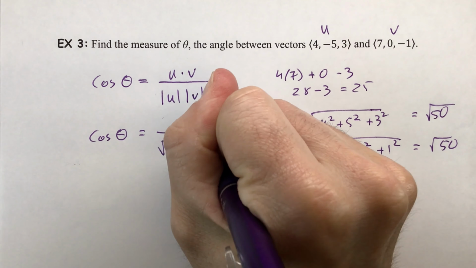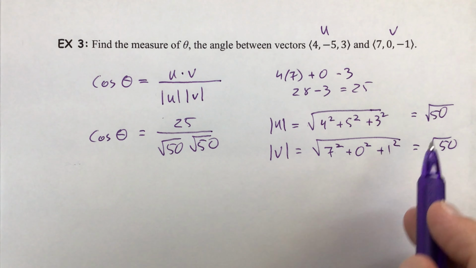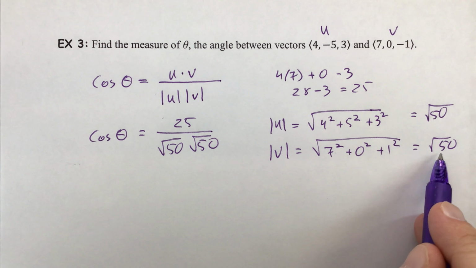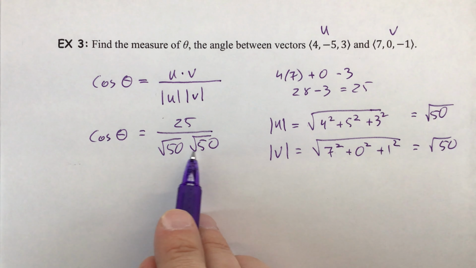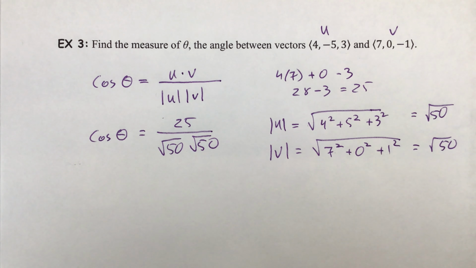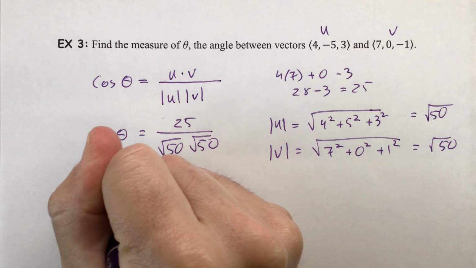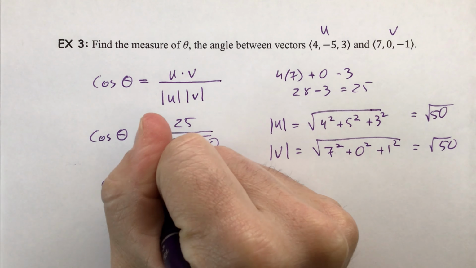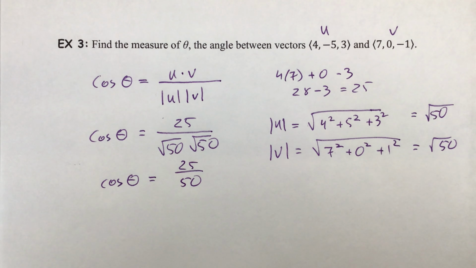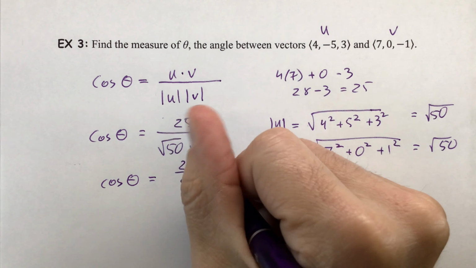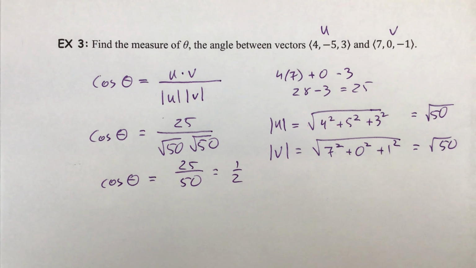You won't always see this, but it works out nice because if the magnitudes are the same and they're both sitting within square roots, when you multiply them together the radical just cancels out and you get 50. So the cosine of theta is equal to 25 divided by 50, which of course is 1/2.